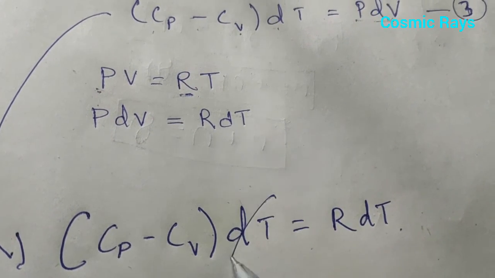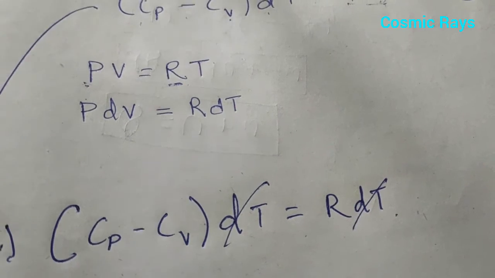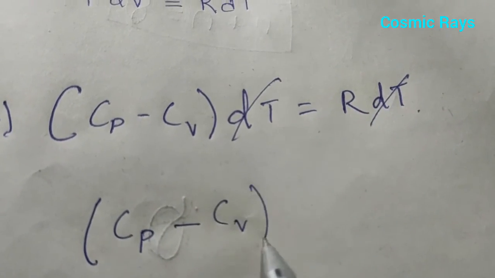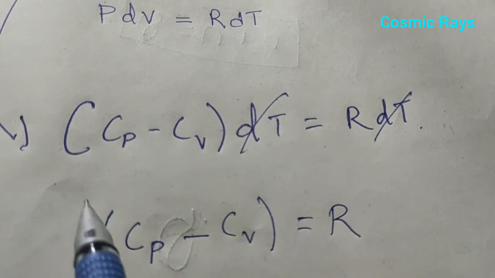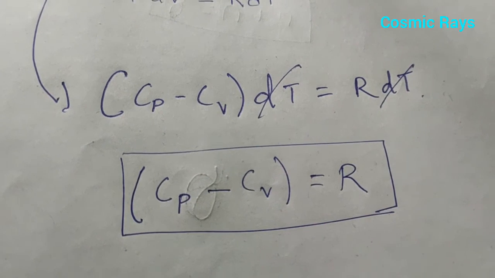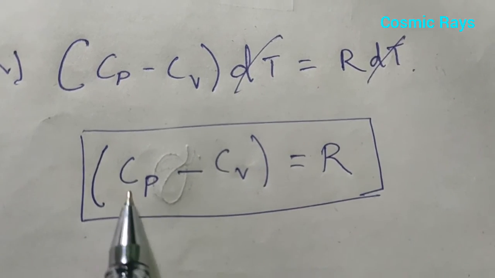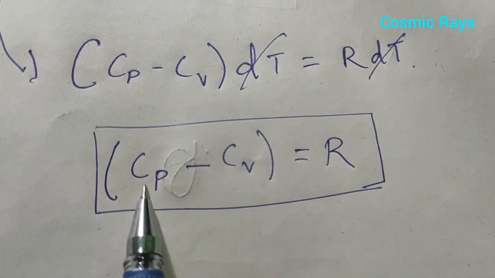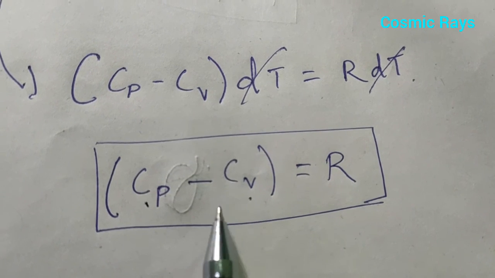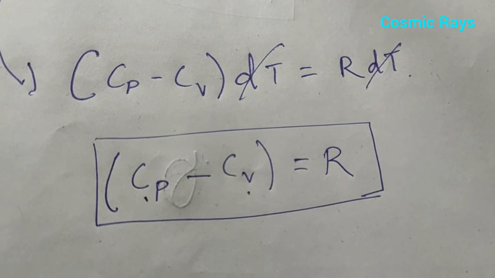Now dt cancels out and we have Cp minus Cv equal to R. This is the famous Mayer's relation, or relation between molar specific heats. Cp is the molar specific heat at constant pressure, and Cv is the molar specific heat at constant volume. So Cp minus Cv equal to R, which is also known as Mayer's relation. Thank you.